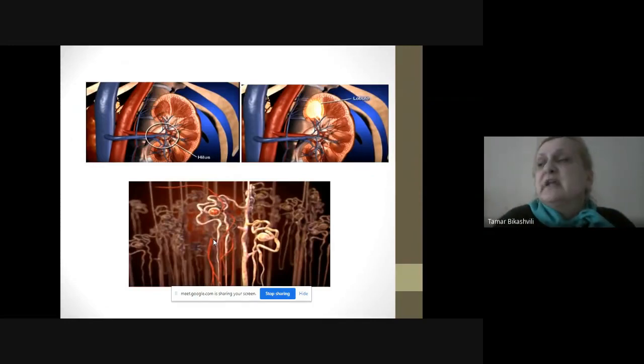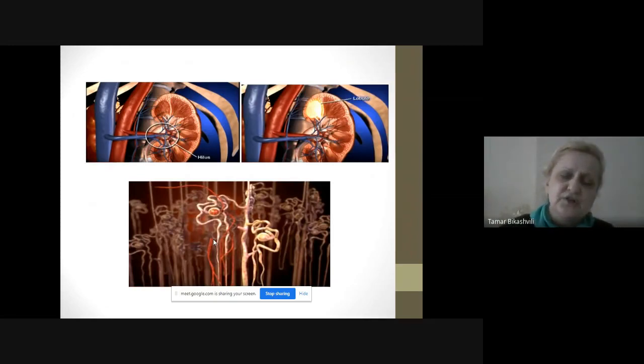Yes, and millions of nephrons are located in each kidney. In older individuals, of course, less than 1 million. The nephron is a difficult structure because it has different parts. It starts with the renal corpuscle, something like the head of the nephron, and then start the tubular structures.